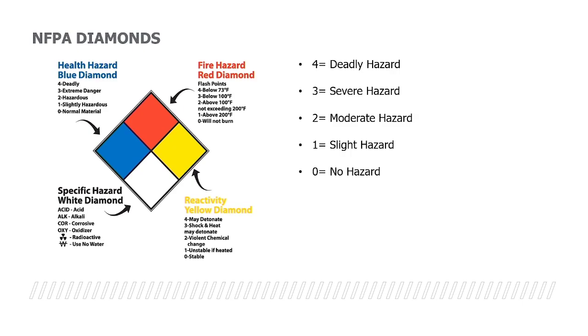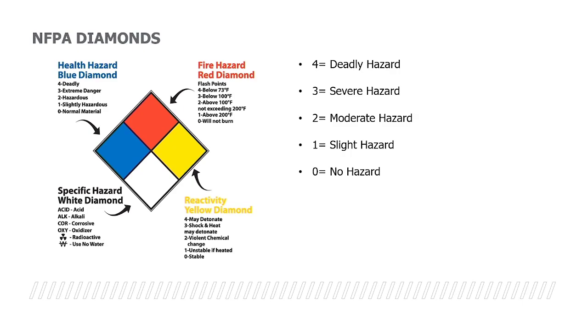They also use a numerical rating system that runs from 0 to 4. 0 means there's no hazard within that particular diamond area, and a 4 is the worst of the worst. To simplify that, the higher the number, the worse the hazard is going to be for the emergency response personnel to enter that particular location. The lower the number, the safer that particular area is going to be.